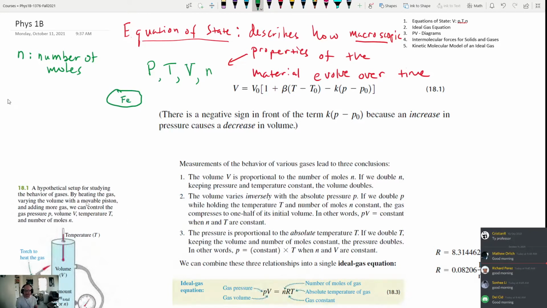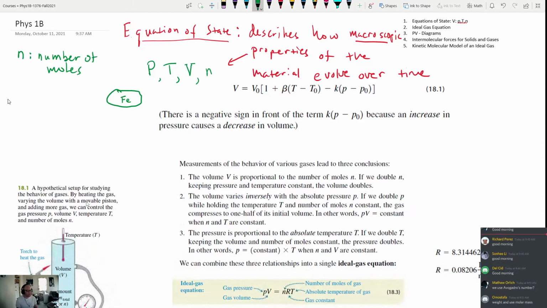What could you do to find the number of moles? Anyone know? There's a lot of people typing. You can go ahead and say it.